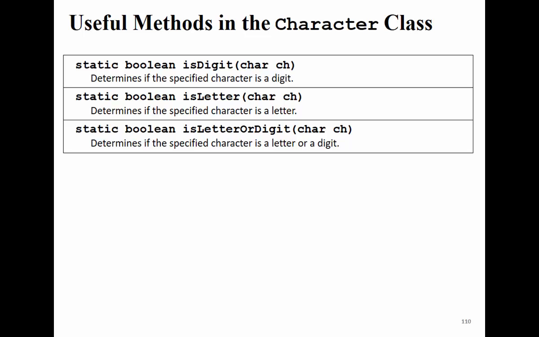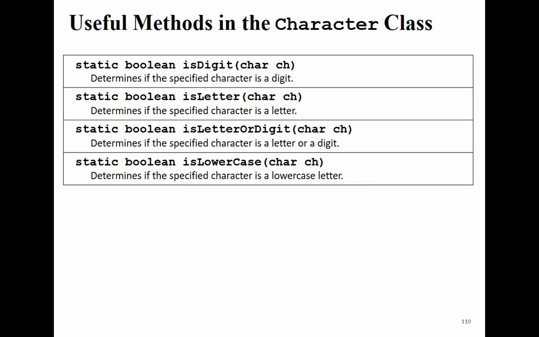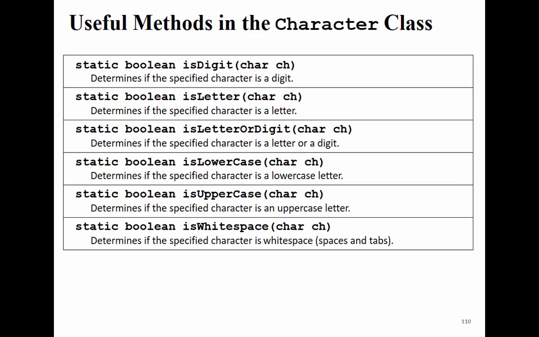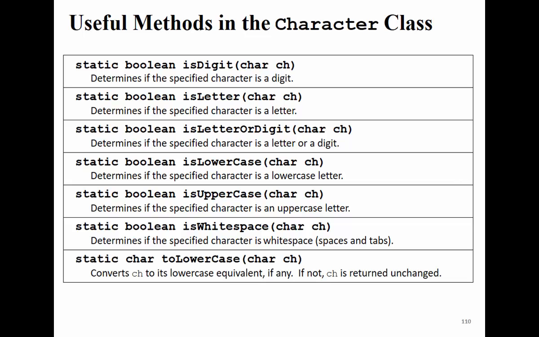That means it's A up to Z, 0 to 9, with no spaces, no special characters, no backspaces, no tabs. Also, we can ask if this character is lowercase, uppercase, or a whitespace character, space or tab.